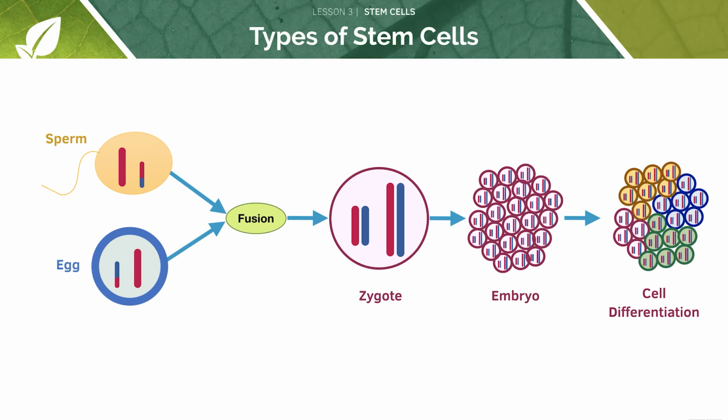So just to give you a bit more context, when we're talking about an embryonic stem cell, we're talking about a stem cell that comes from this stage of human development. So this is our embryonic stem cell.